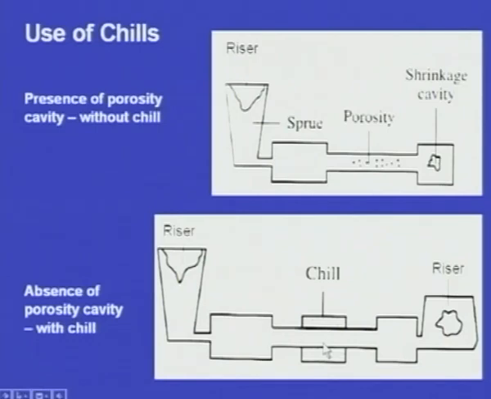Sometimes this metallic block is made up of the same material as that of the casting. So, this will be absorbing the heat rapidly from the casting. Because of the presence of the chill, the casting solidifies fast. So, the possibility of the formation of the shrinkage cavity is very less. So, by providing chills, we can prevent shrinkage.